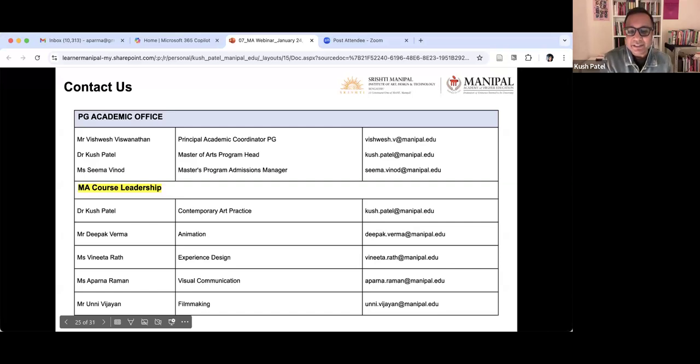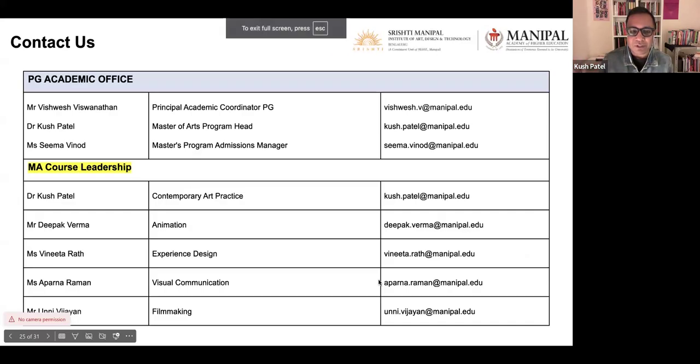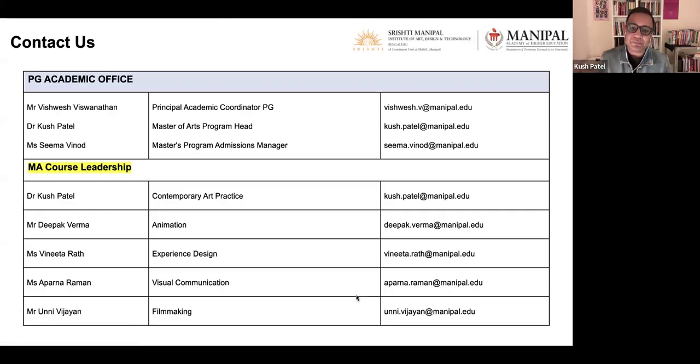So this slide that we have paused on is an important moment before we transition into the admissions process. But just take a moment to look at all of the different program heads leading each of these courses and their email addresses. They are also available on our website, but we'll just hold it for a second or two before we move to the next slide. This includes members of the PG Academic Office, Vishwanathan, who is the Principal Academic Coordinator.